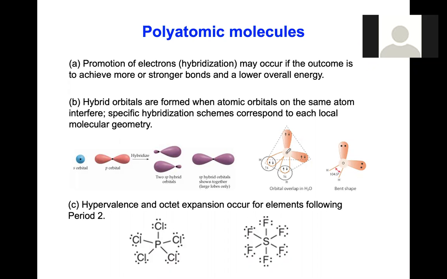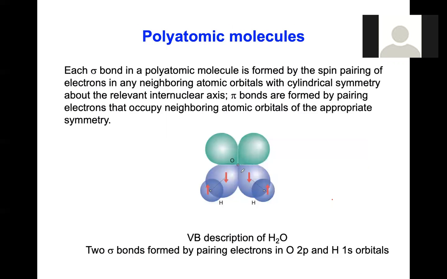If you don't have this hybridization, then you use two p orbitals, that's a simple case, just the two p orbitals to form sigma bonds with the hydrogen. The problem is you are going to leave the lone pairs in perpendicular positions with stronger repulsion.